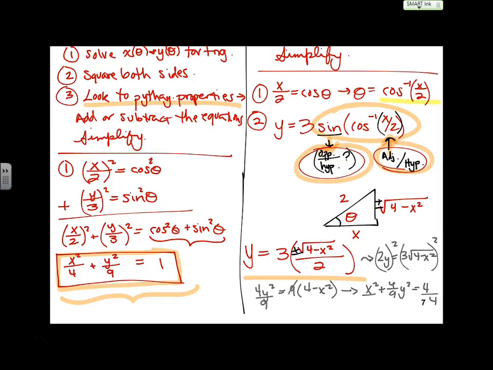Just divide everybody by 4, which you might not like dividing by 4. Maybe it's easier to think about multiplying by 1/4, which would get you x squared over 4 plus 1/4. 4 is canceled. Y squared over 9 equals 1.